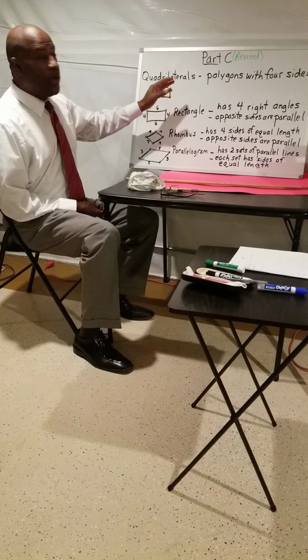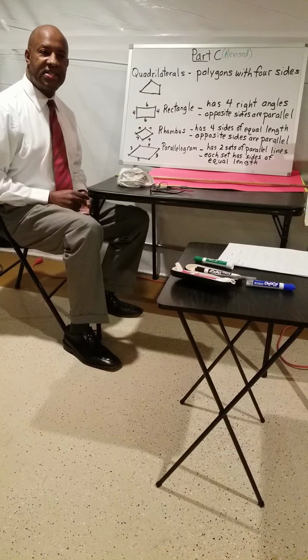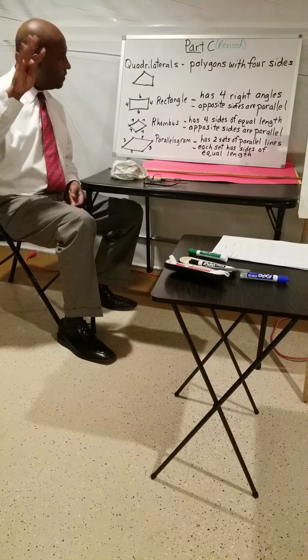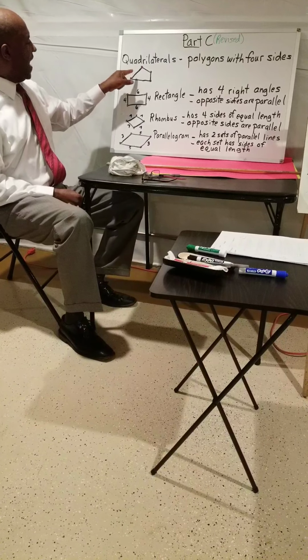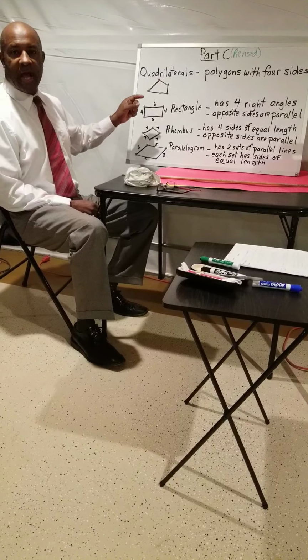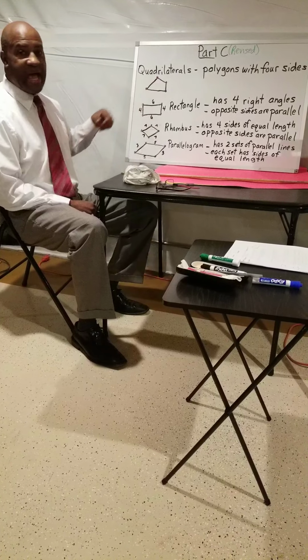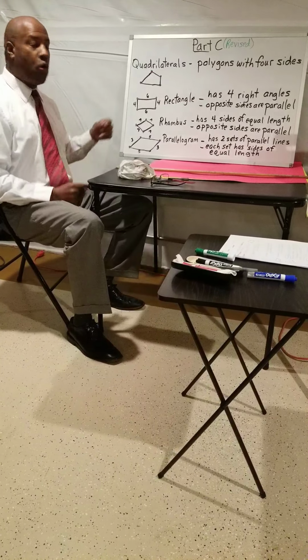So we know that a quadrilateral is a polygon with how many sides? Right, 4 sides. And so we have the 4 sides here. What are the characteristics? It has straight lines, it's closed, and it has corners.